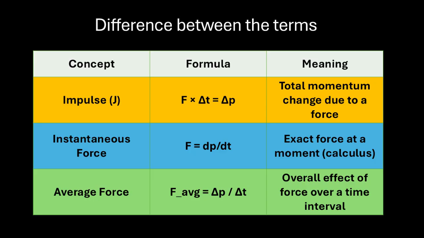Instantaneous force is the rate of change of momentum at that specific moment. Average force, F average, is delta P by delta T, the overall effect of the force over a time interval. What would be the overall effect? We'll come to those minor details later in the section.